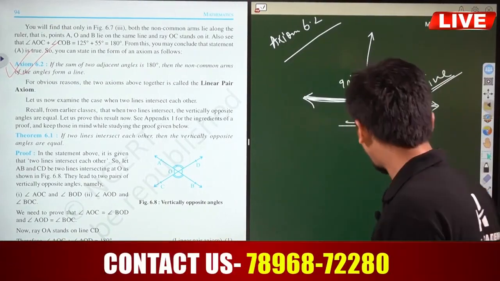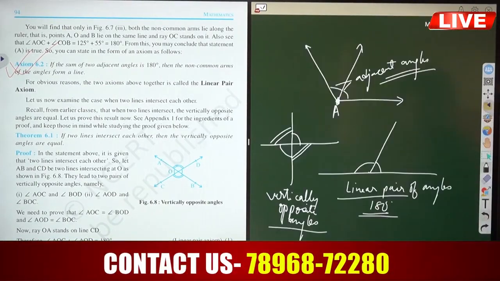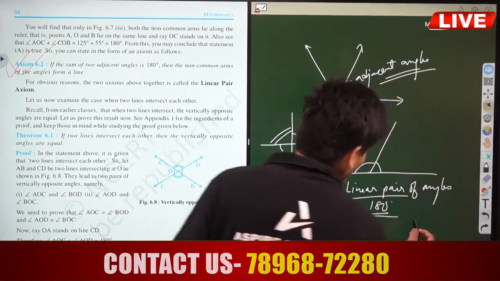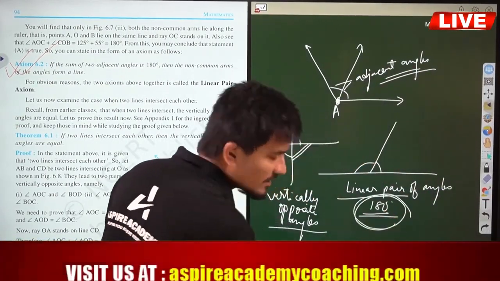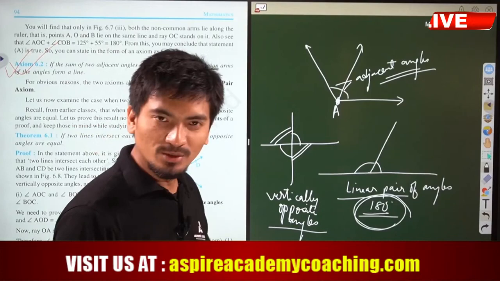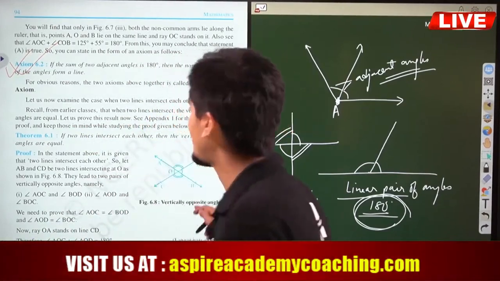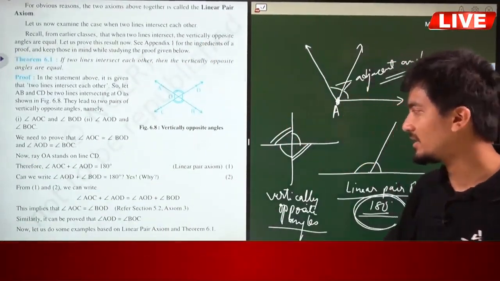Why linear pair? Because this angle and this angle make 180 degrees. Axiom 6.1 covers the adjacent pair, and Axiom 6.2 the converse, so both are known as the linear pair axiom. This is the basic thing we need to understand.